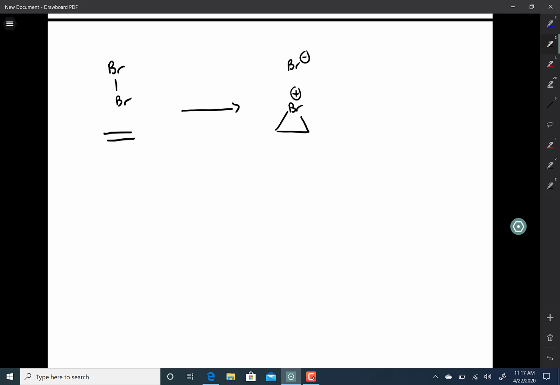So, molecular orbitals of ethylene, you have 2.